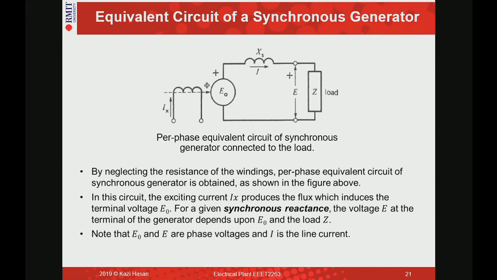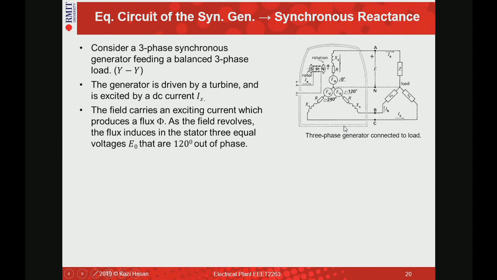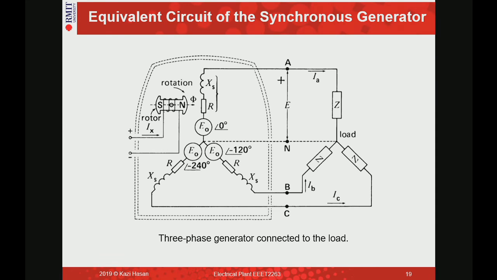So just remember this part, that E0 and E, they are phase voltage, that is fine, but they may say that I is the line current. Because this is Y, this is coming from Y, so line and phase should be the same. But I is line actually here. I is the line current. If you look at here, you see that your I is actually what you draw in this circuit. This is per phase circuit. Your I was line current.